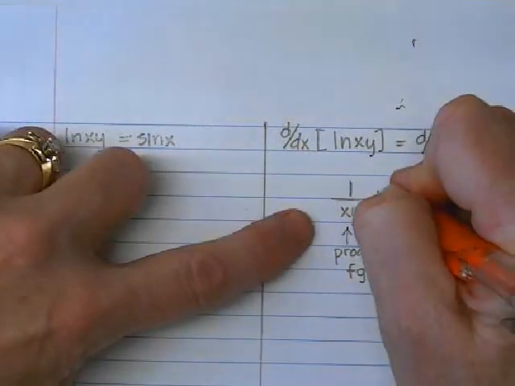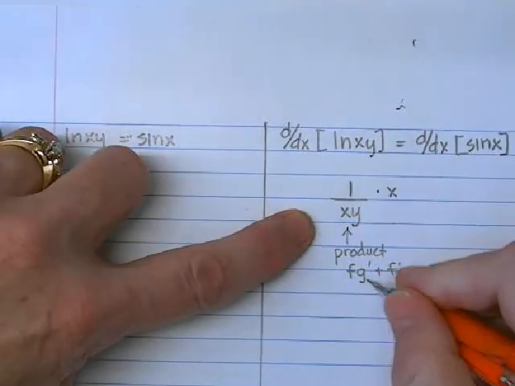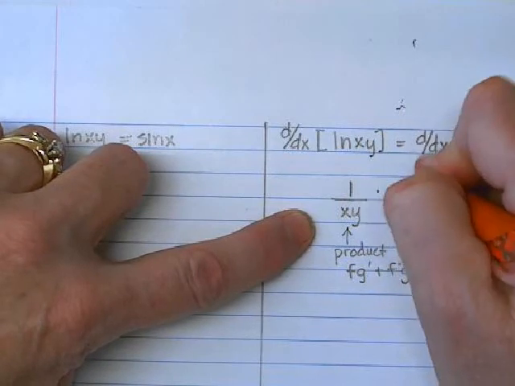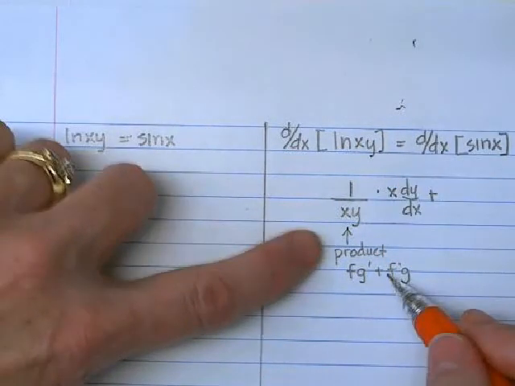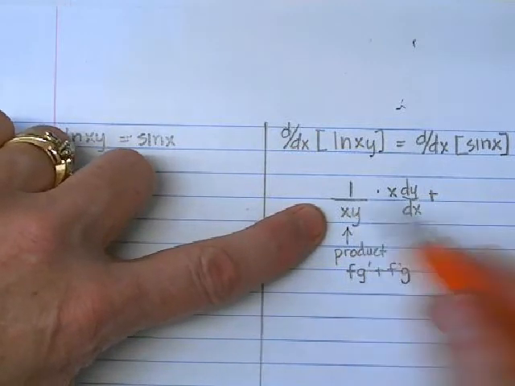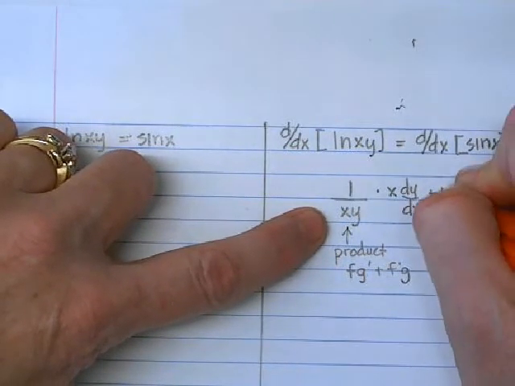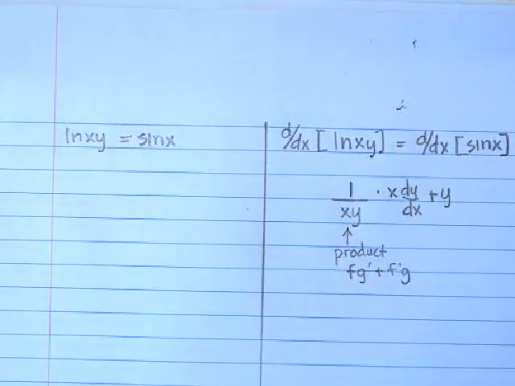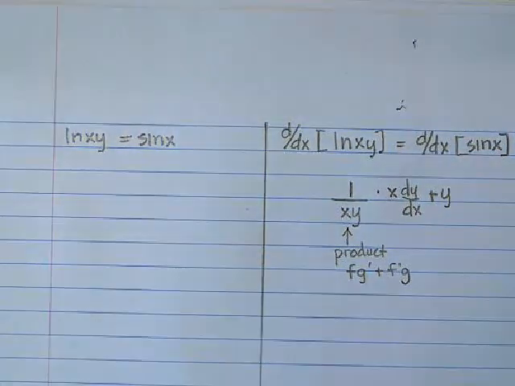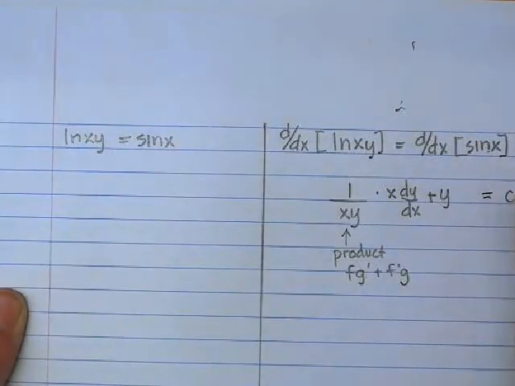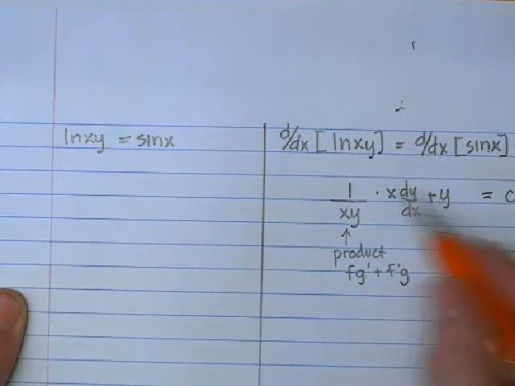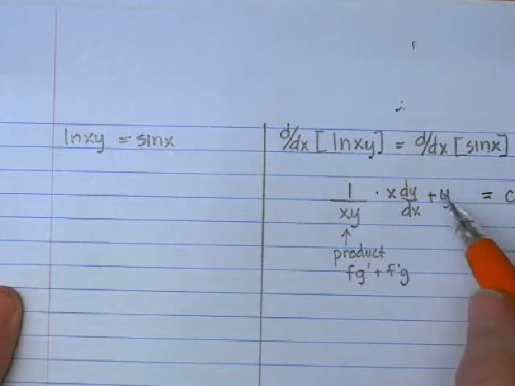So I'm going to do x times the derivative of y, dy/dx, plus f prime, the derivative of x is 1, times g. Okay, so we got that guy taken care of right there. Okay, equals the derivative of sine x, cosine x. Okay, let's see what the heck we got going here.